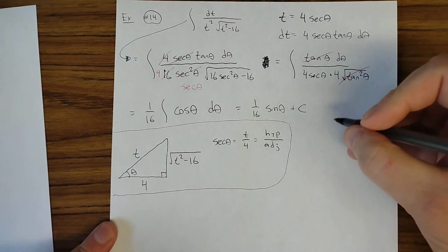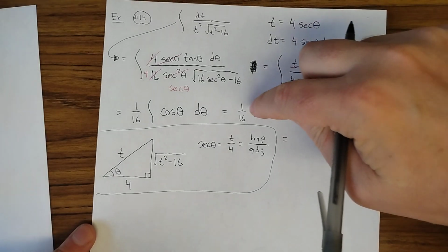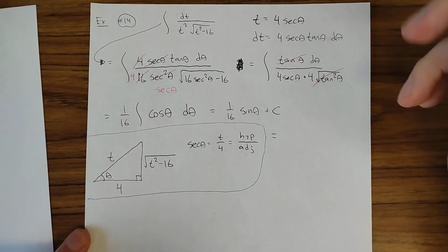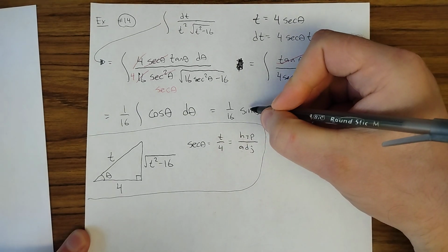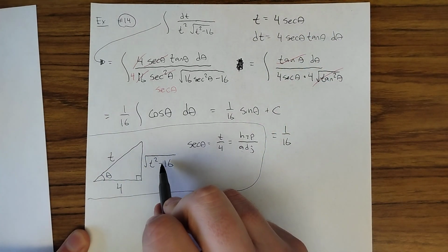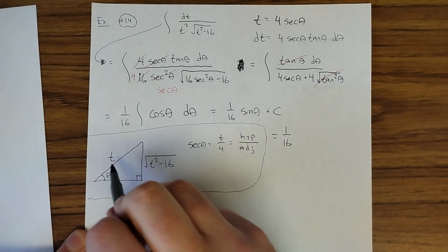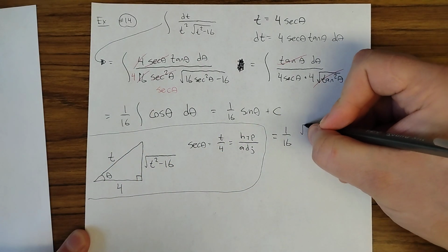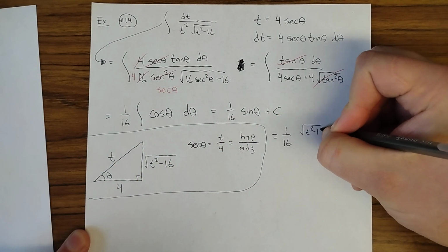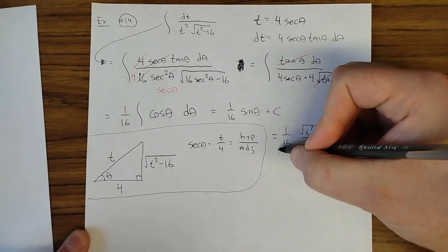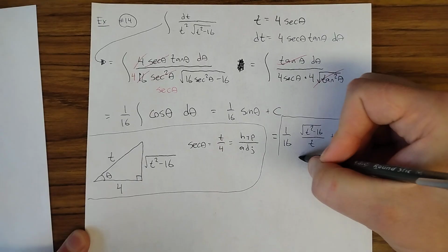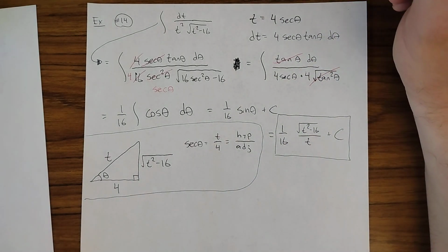Okay. And maybe I'll just continue from here because I'm really close to done here. Now that I have this picture, sine is this over this, because sine is opposite over hypotenuse. And that's it.